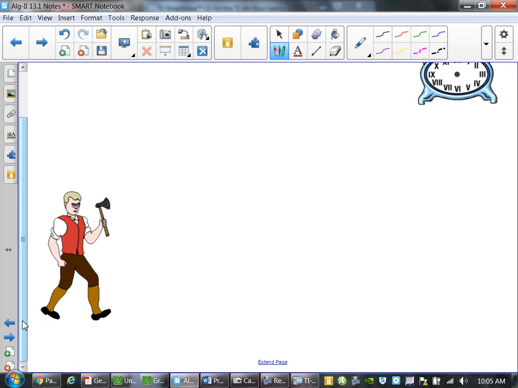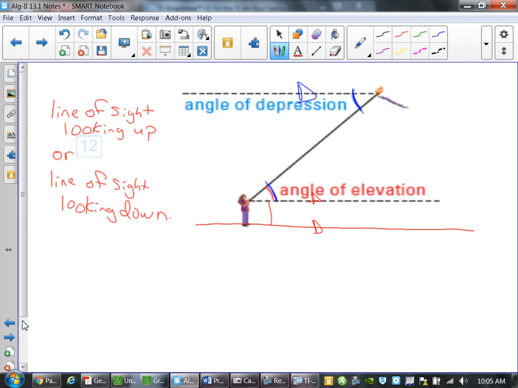Yes, ma'am. What did the D stand for on the other one? Oh, this just means parallel. Sorry. That's my arrows for parallel. I thought it was a D for like down. Yeah.